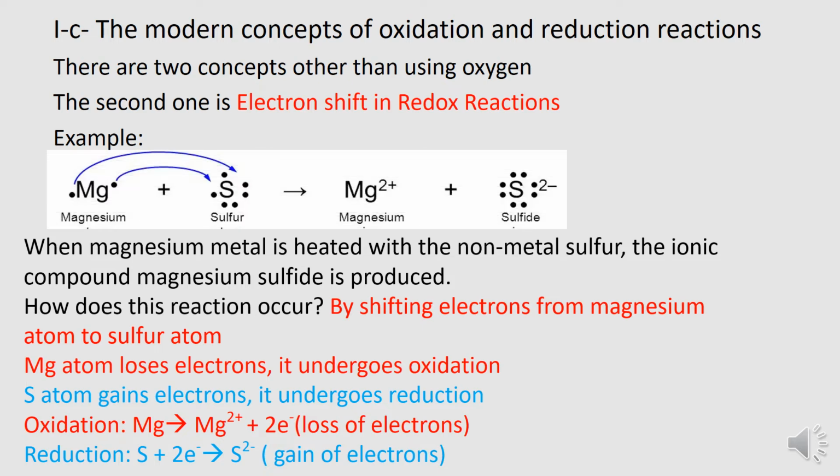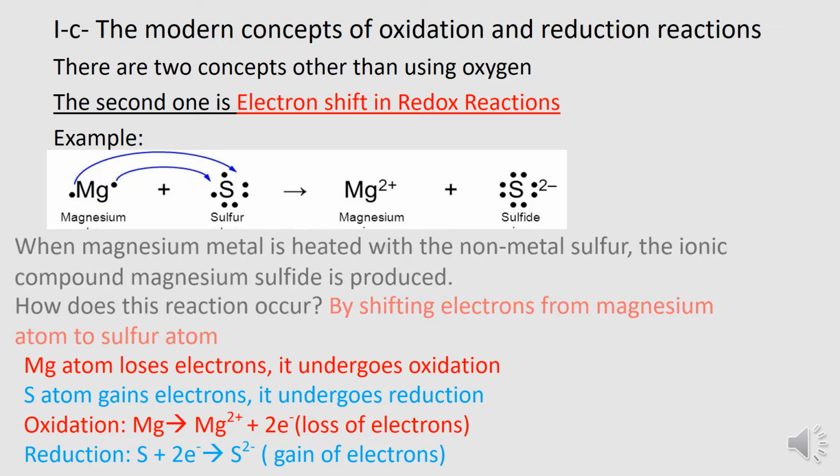Let's take an example. Magnesium atom plus sulfur atom. What does it give? It gives magnesium ion plus sulfide ion. What's going on here? The electron shift in redox reactions.